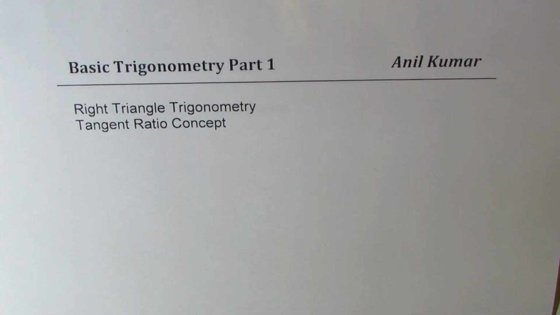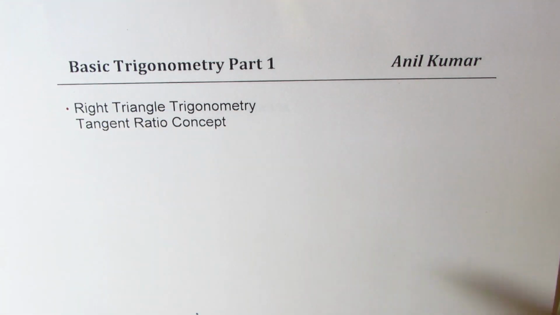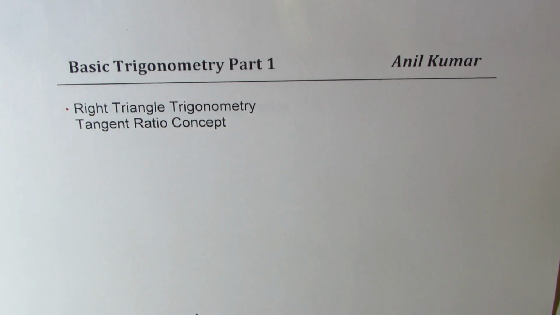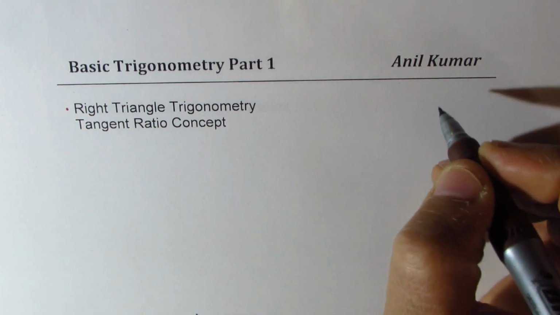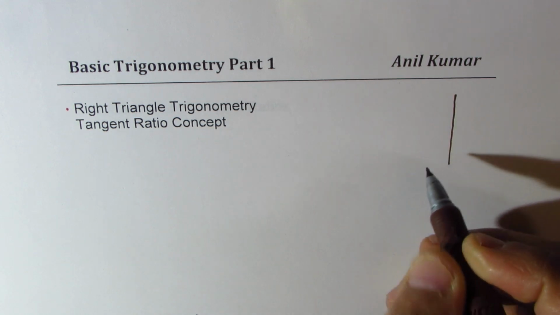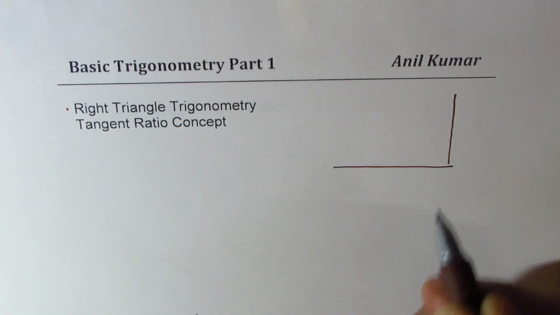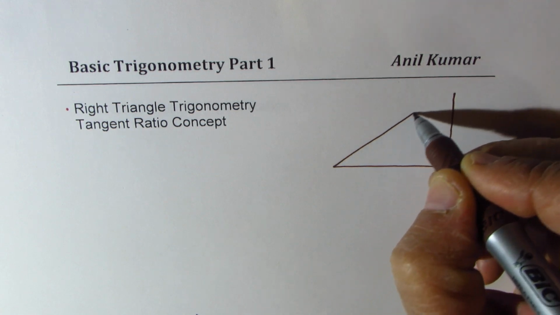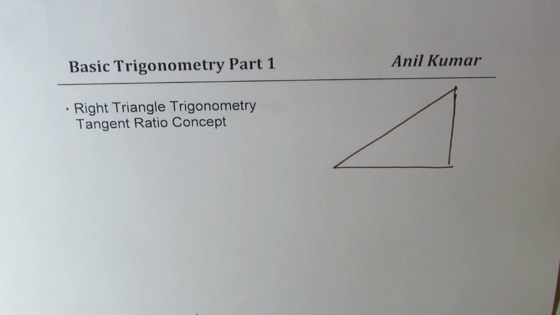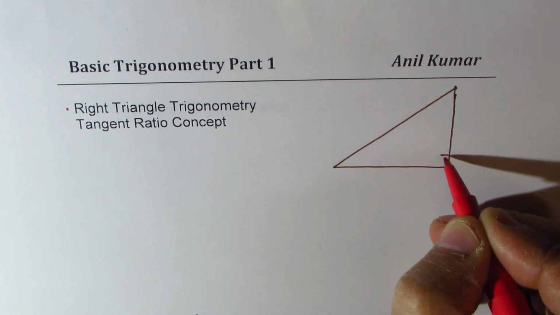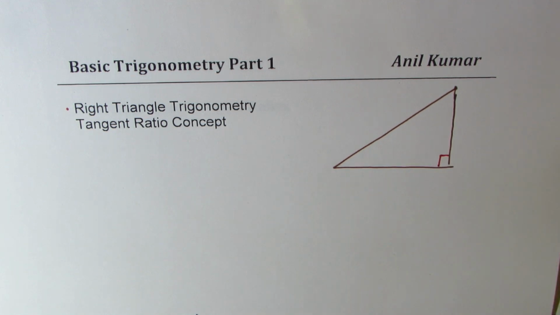Right triangle trigonometry. To begin with, let's again take the right triangle. We just solved a right triangle using the Pythagorean theorem, right? So here is a right triangle, and we'll assume this to be 90 degrees. What you saw here is that you could find sides for this particular triangle.